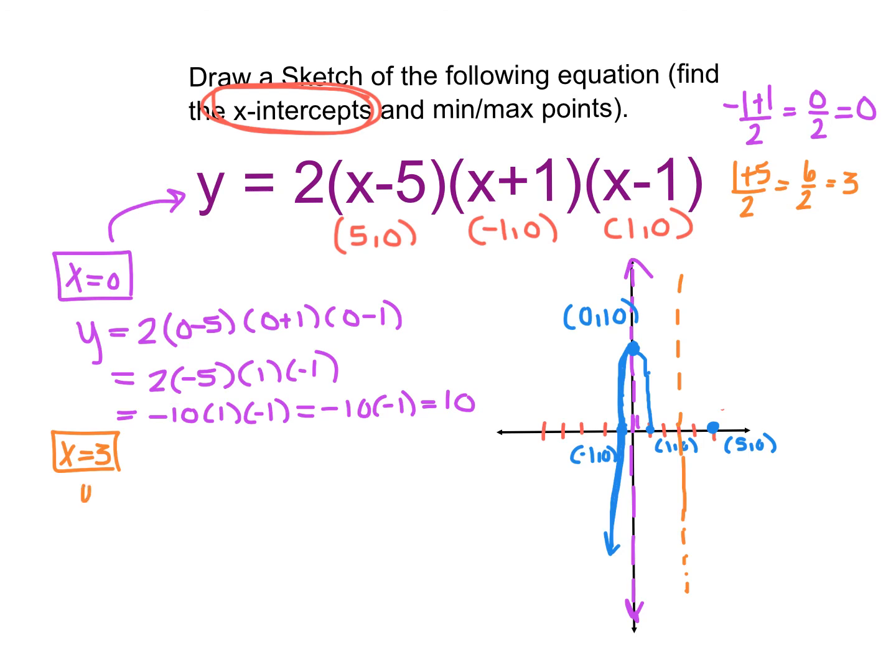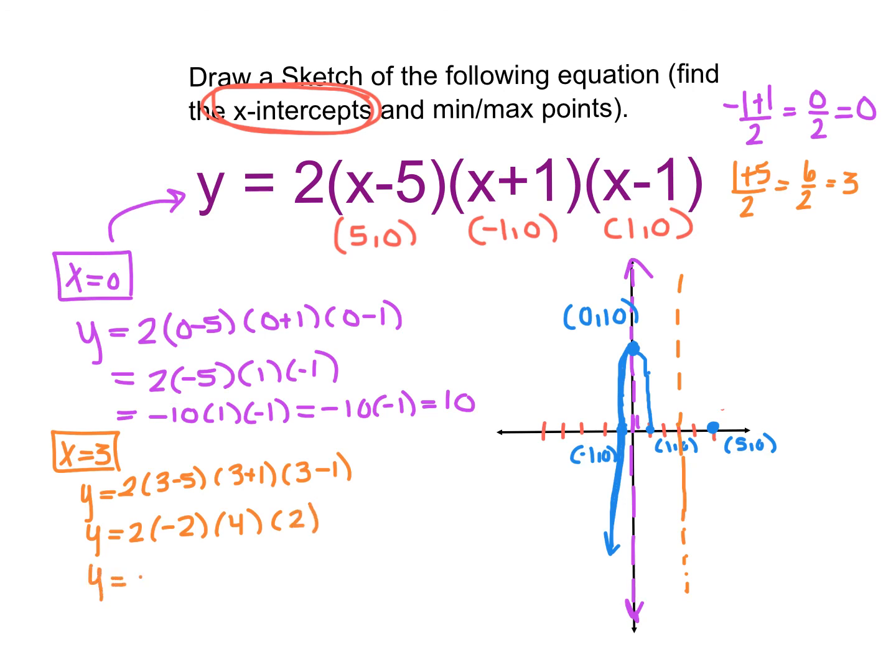So we have y is equal to 2, then I have 3 minus 5, 3 plus 1, 3 minus 1. So I get y is equal to 2, then I get negative 2, 4, and 2.